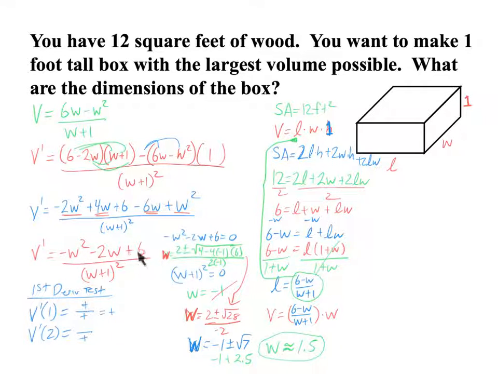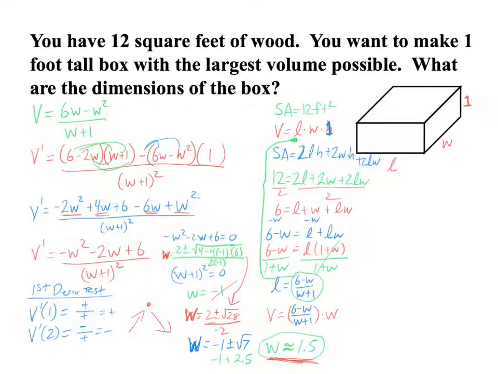When you plug in 2, it's going to be negative. Kind of going quick there, sorry. And I did the math in my head. But what I noticed basically is I got a positive here, negative there. So what that means is I'm going up, and then I'm going down. So doesn't that mean it's a max? So this right here, we're on the right track. That right there is my maximum, my width that will produce my maximum volume.